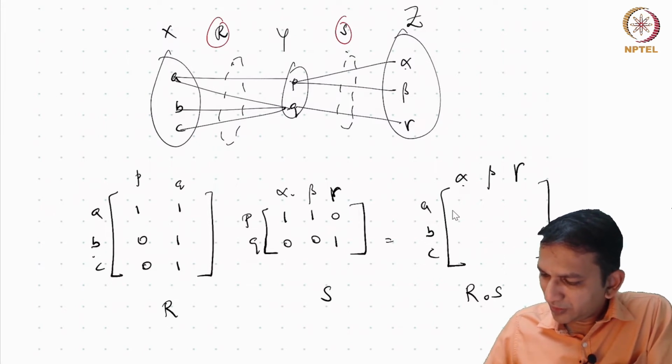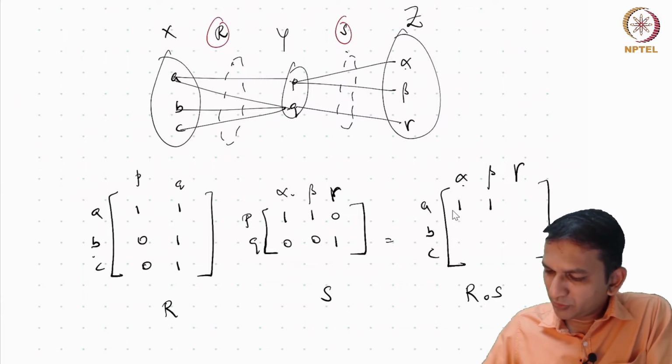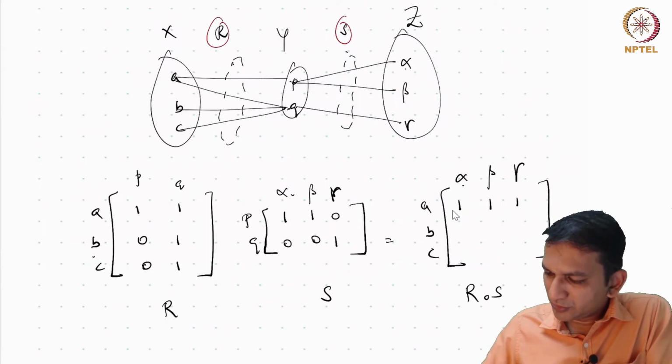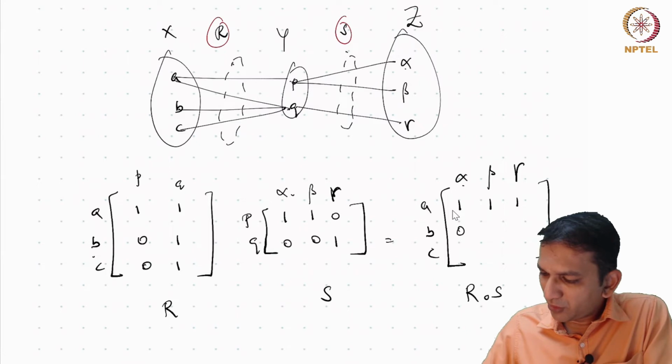So A is related to alpha through P, 1. A is related to beta also through P, so it is 1. And A is related to gamma through Q, so this is 1. Now if you look at B, B is related to Q and it is related only to gamma. So B is not related to alpha or beta, and so is the case with C.